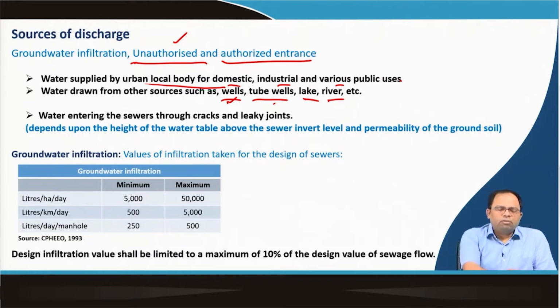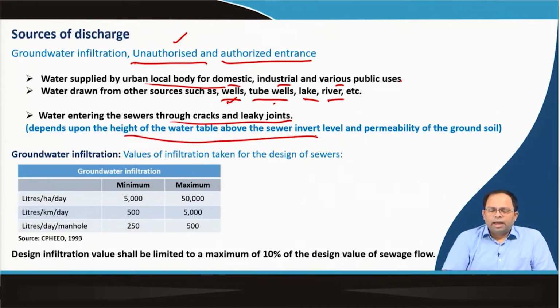And of course, groundwater infiltration, like water entering the sewers through cracks and leaky joints, and this again depends on the height of the water table. If it is above the sewer's invert level, or the lower level of the sewer, and permeability of the ground soil is adequate, in that particular case we will have a lot of groundwater entering into the system. So, we have certain standards, certain thumb rules for that.